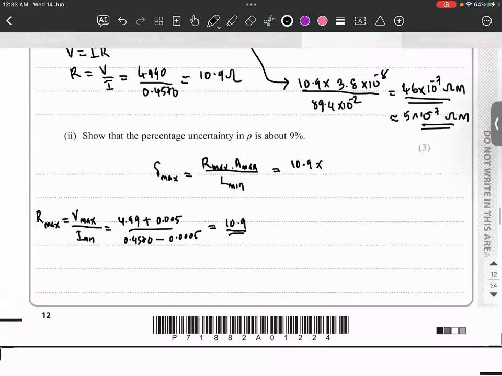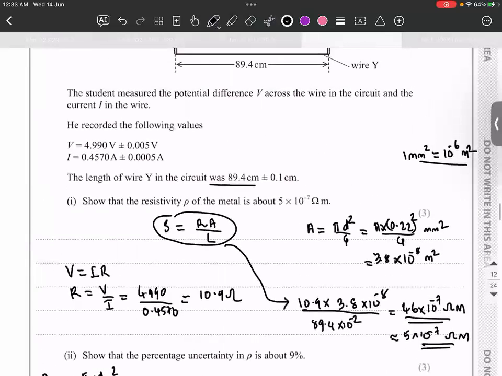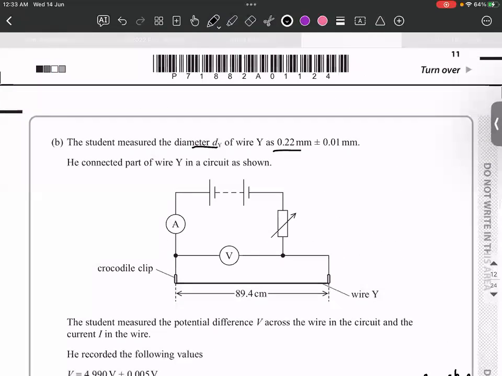If you want to find the maximum area, A max, A max means pi times D max squared divided by 4. So you know how to find that value of D max, because the value of D is 0.22.